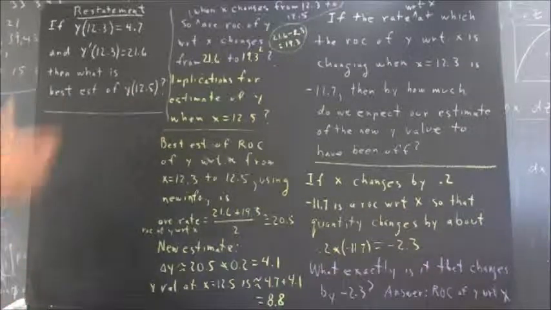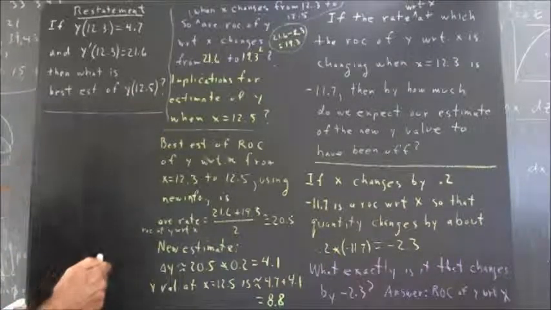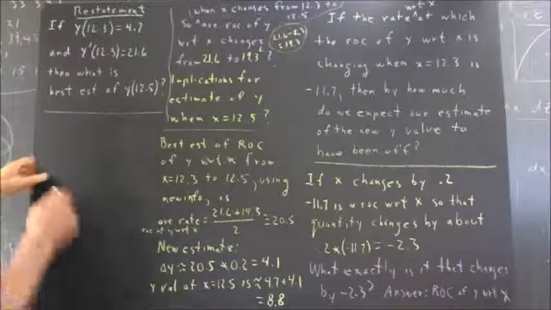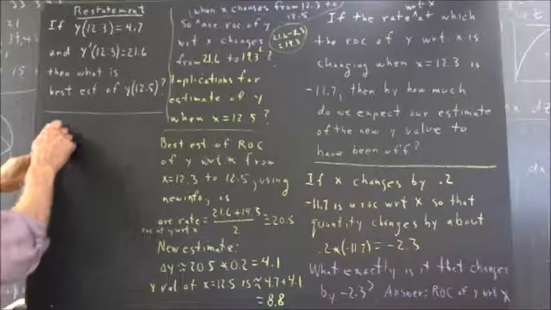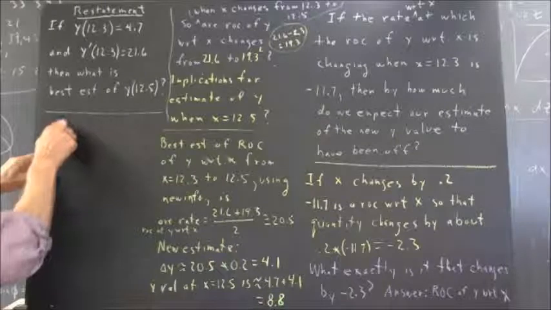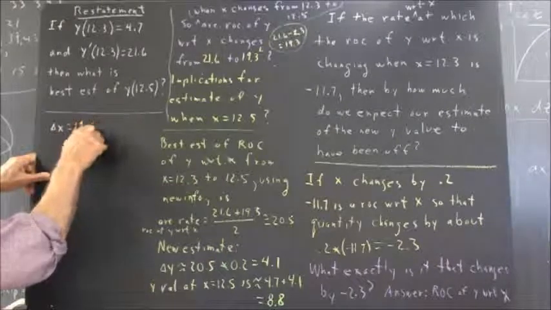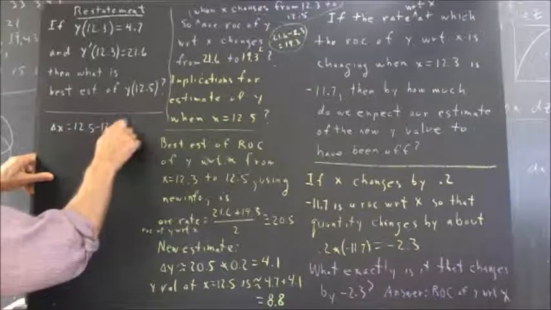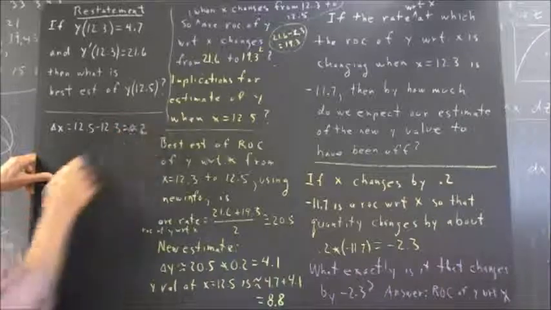So that's it. And we can say that, okay, well, again, delta x is 12.5 minus 12.3, or 0.2.